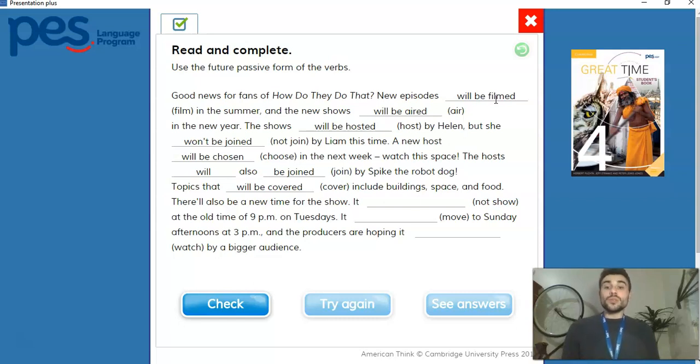There will also be a new time for the show. It won't, remember, not show, so negative in the won't, will. So, won't be shown, right, at the old time of 9 p.m. on Tuesdays.